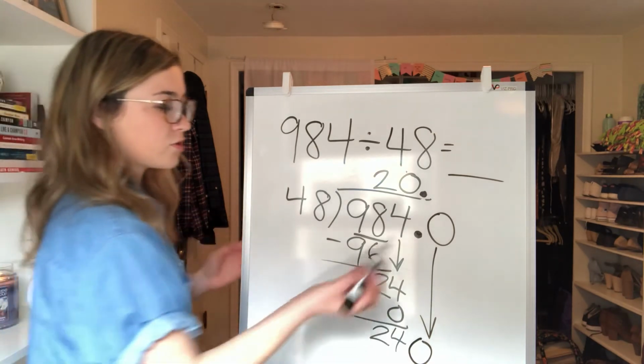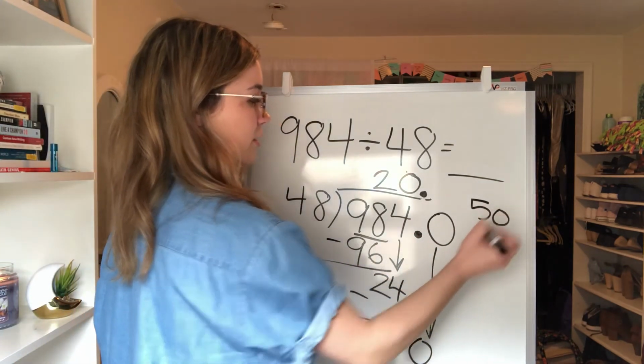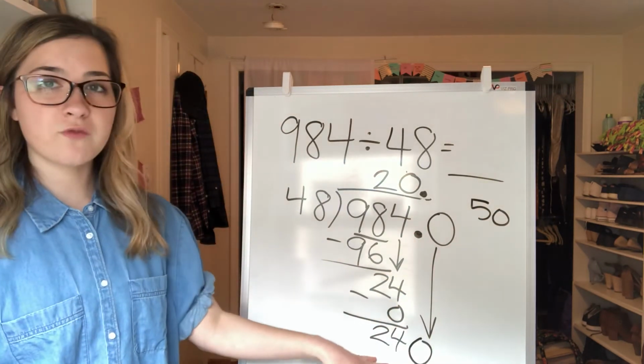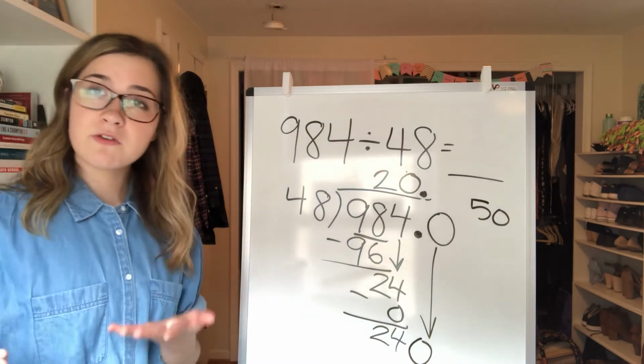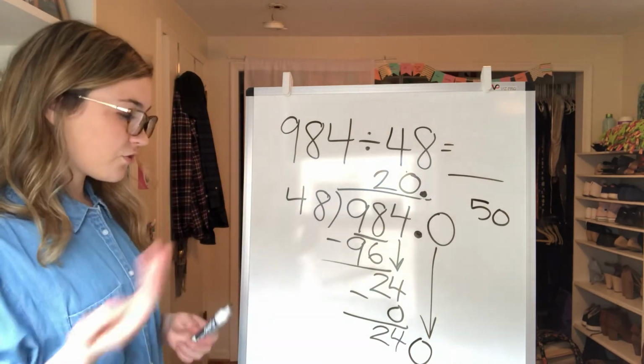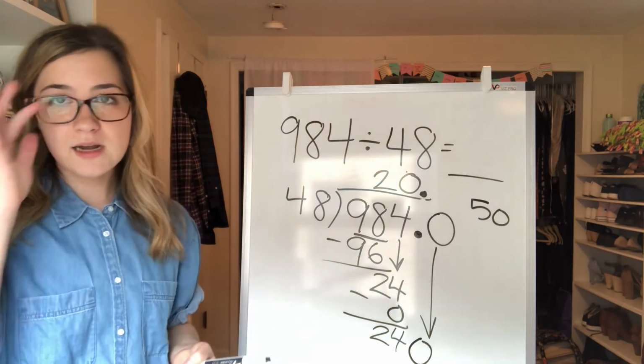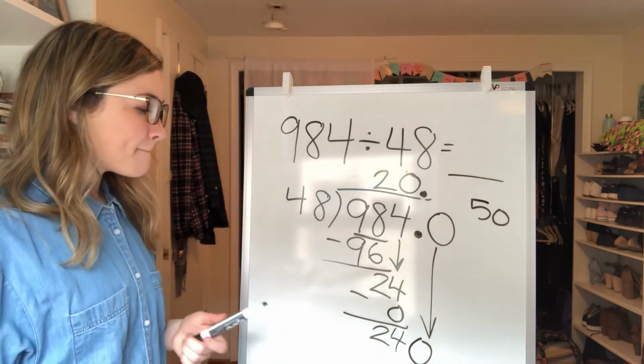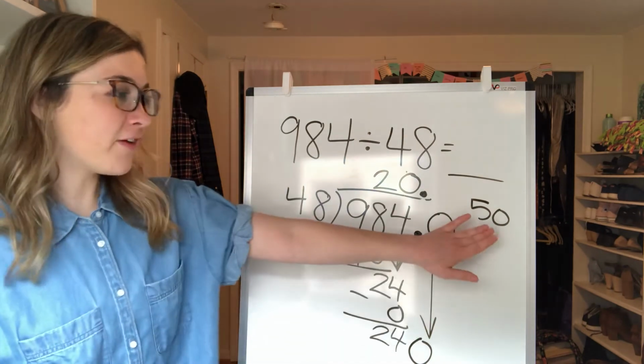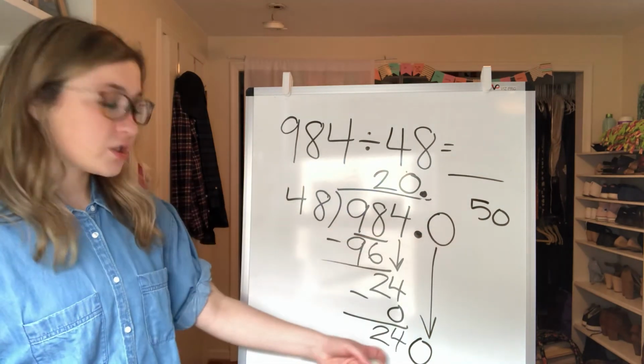Okay, so then what I might want to do is round again. 48 is super close to 50, which is an easy number to count by. And then 240. Now some of you might say, well, 240 is already rounded, I don't need to round it anymore. But there might be something easier that 50 can go into, like 250.